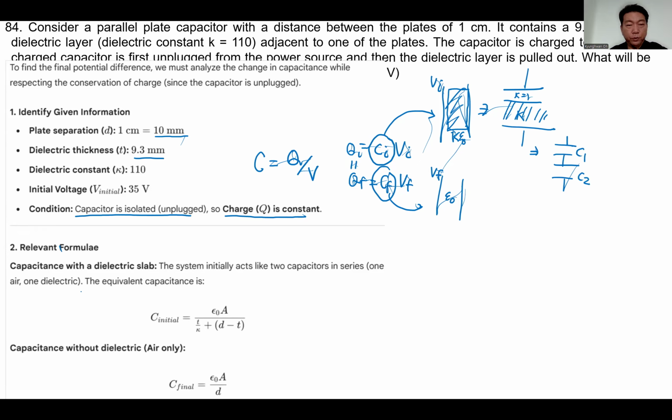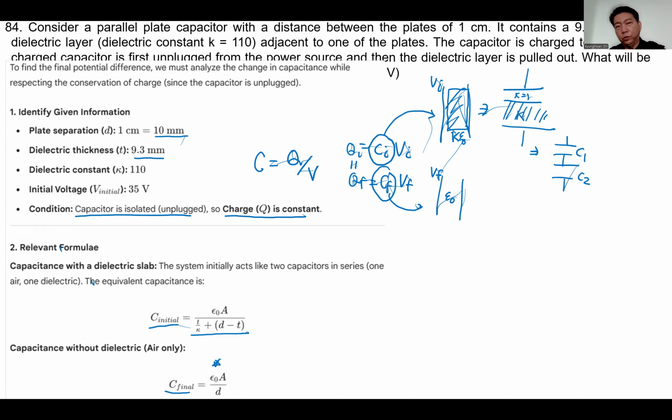And initially it is composed of two materials, air and dielectric. And then in the final capacitance, we only have air, and that is given by this one.